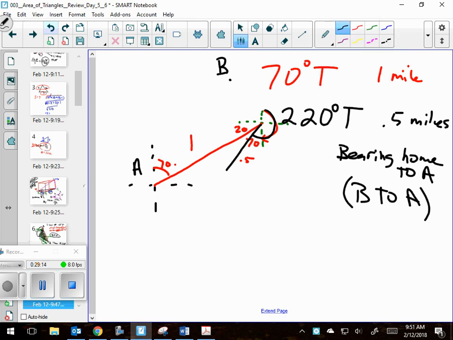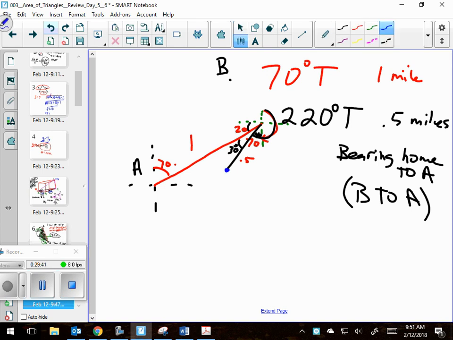So if that's 220, it's 180 plus 40 more. That means this little angle right there is 40. That one was 20. That leaves 30 left for that angle. Ooh, that's handy. You know, that angle up there is 30. If you couldn't figure that out, then you'd be missing an important piece. And then the question becomes, how do you get from here? And I said B to A. I screwed up.